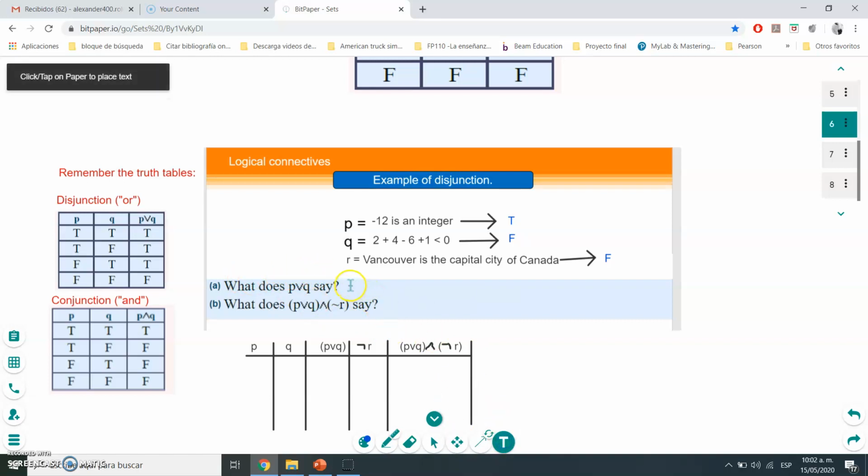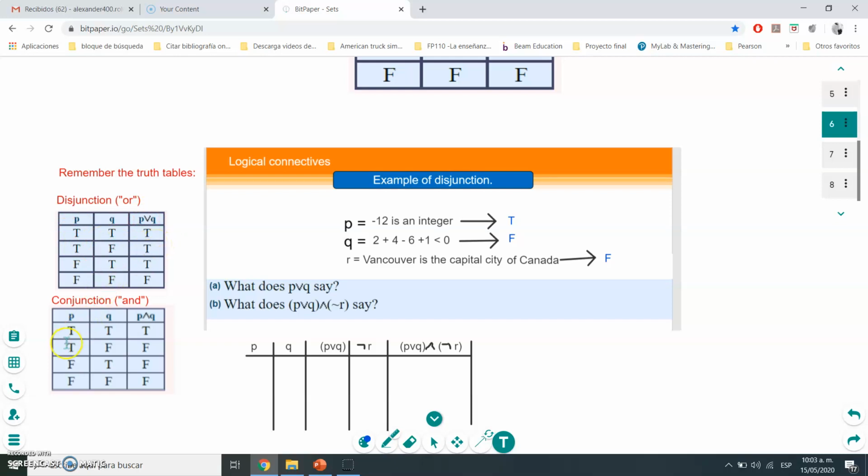And the first one is very easy with or. We have to find that in the truth table. So P or Q, so let's see. We already have the truth values of P and Q. True or false? Go to the table, disjunction with or. So let's see. True or false will be true, okay?